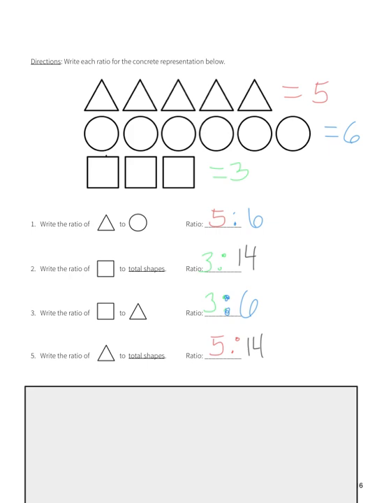Ratio of squares to total shapes, 3 to 14. We have 5 triangles, 6 circles, 3 squares. 5 plus 6 plus 3 gives me an answer of 14. All right, so squares to triangles, 3 to 6, and triangles to total shapes, 5 to 14.